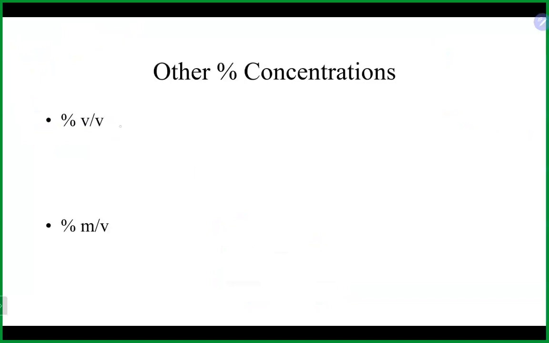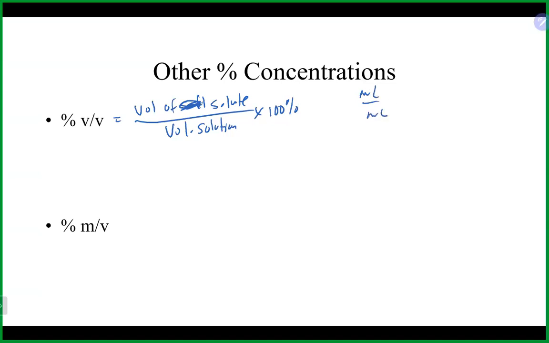Percent volume to volume, like in alcohol, is the volume of solute divided by the volume of solution times 100%. This is usually milliliters over milliliters, basically volume over volume.